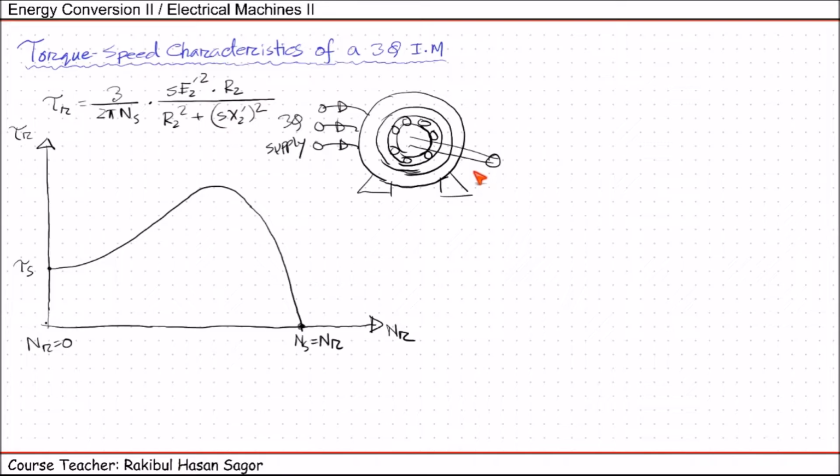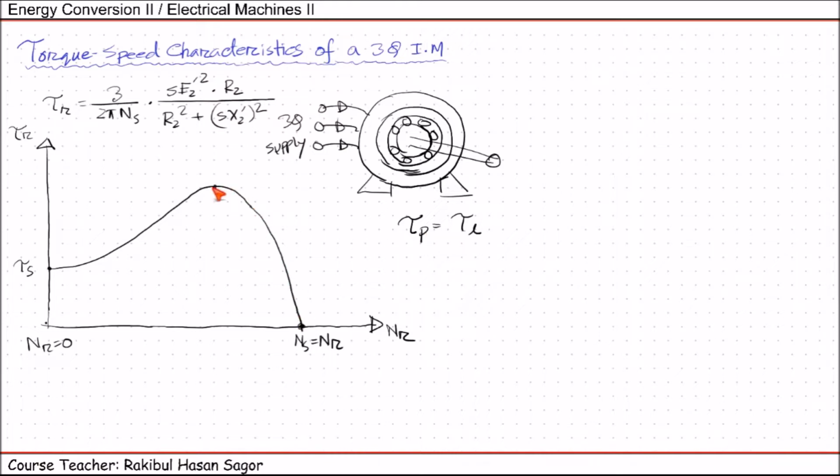In this shaft, a mechanical load will be connected. So if we increase the mechanical load, that means if we increase the tau exerted on the motor, then motor will start producing the same amount of torque. And that is why in our previous class we wrote that tau produced by the motor is equal to tau load, that means load torque. When they will be equal, the motor will run with a constant speed if it falls in this stable region.